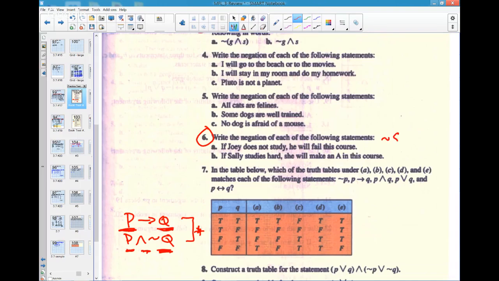How about not S? Notice there's no then, but isn't it implied? Then he will fail the course. So that's the original statement. What's the negation? Keep the first part the same and negate the second. He will not study and he will not fail. Sorry, that symbol didn't come out very good.